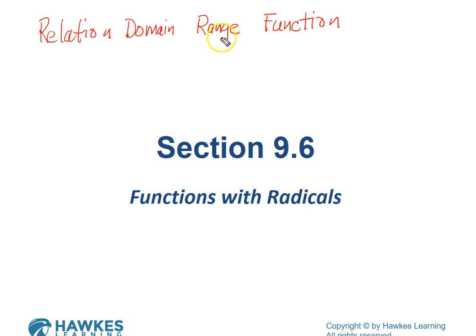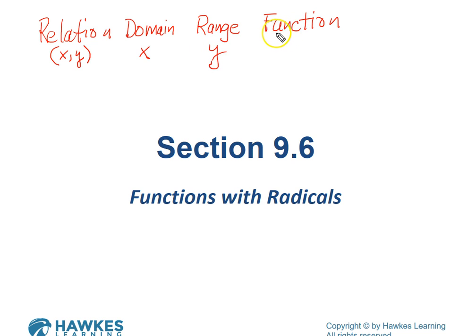Some of the words you may or may not recall were the word relation, and since we're going to do some graphing here, we often think of a good example of a relation as the ordered pair. And when we define the word domain, domain refers to the first element in the ordered pair, which is the x. So the domain would be the x values, and the range would be the second value in the ordered pair. In this case, it's the y.